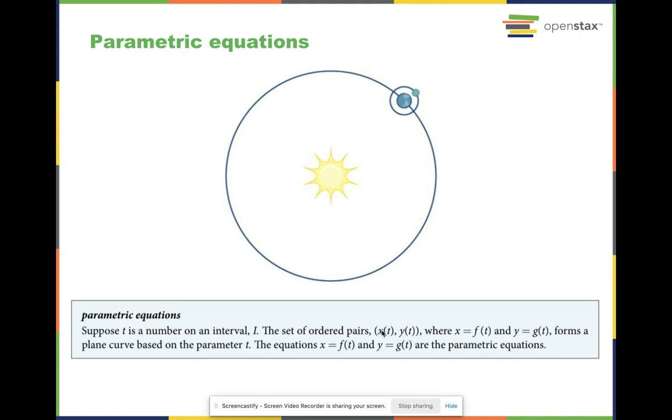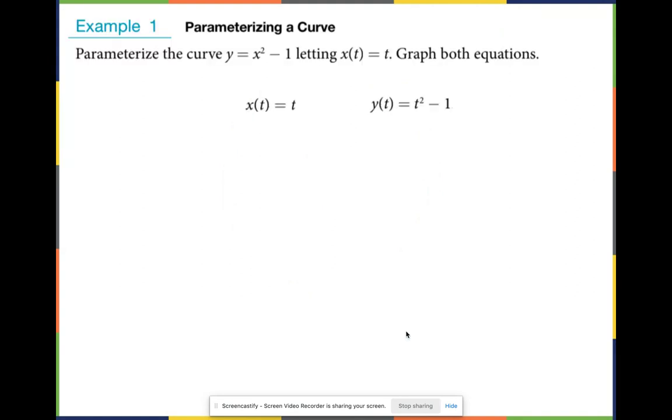Okay, so let's make this less abstract and do an actual example. Let's say we have the equation y equals x squared minus 1. In the olden days, before you knew about parametric equations, we could think about this as a parabola that opens up, shifted down by 1. But what if we want to parameterize that curve? Here's what that looks like.